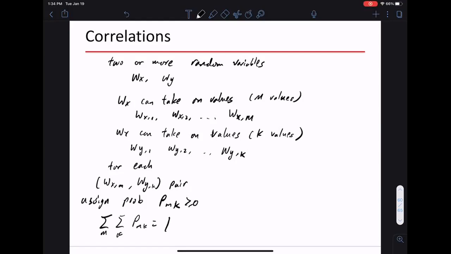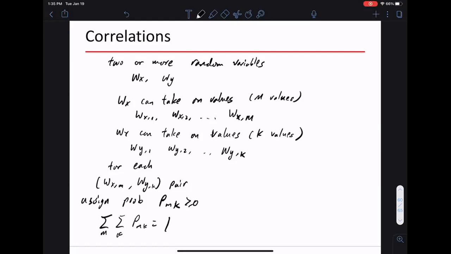For example, one can have wind speed 5 meters per second or 10 meters per second. The other can have wind speed 4 meters per second or 8 meters per second. I need to assign probability to the 4 combinations. This is just two random variables.